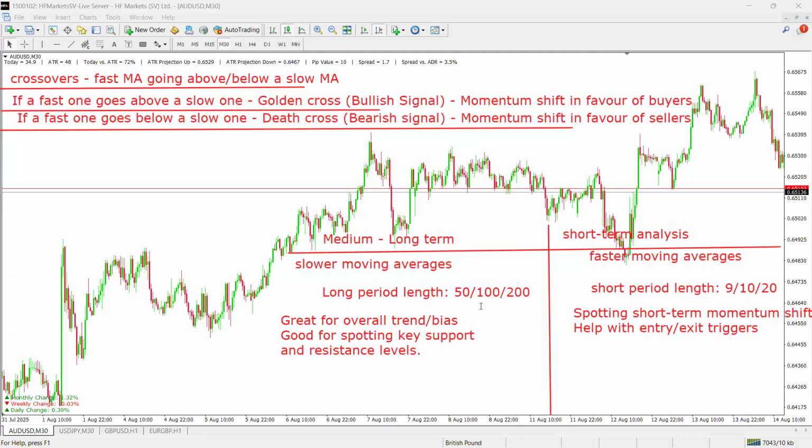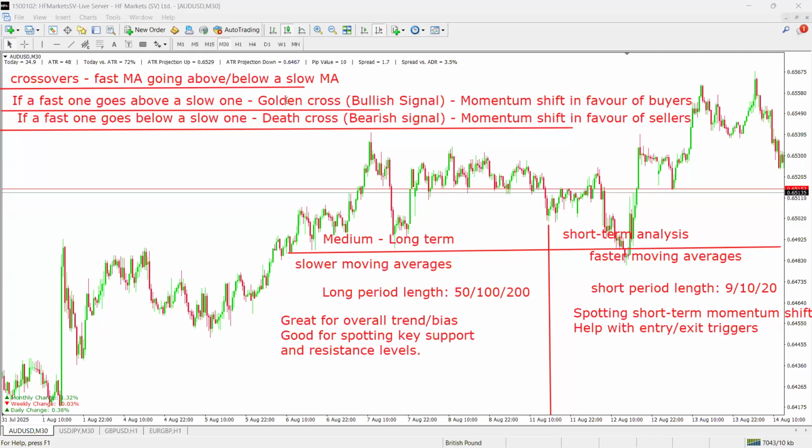Now, because here I said faster moving averages are like 9, 10, 20, and the slower ones are like 50, 100, 200. But I hope you know that even within the slower moving averages, there are still some that are faster. For example, between 50 and 200, there is a fast one.